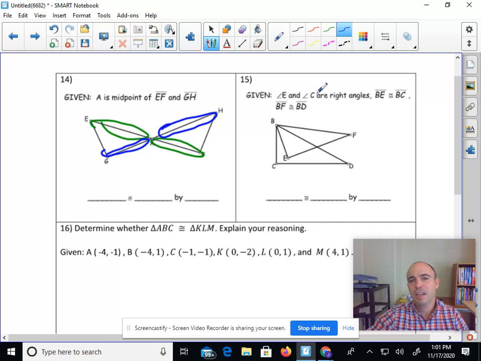Number 15, given that E and C are right angles. Given that BE and BC are congruent, and given that BF is congruent to BD, all right, do we know enough here? Okay, so this is kind of tough to visualize. So I'm going to draw one triangle in green.